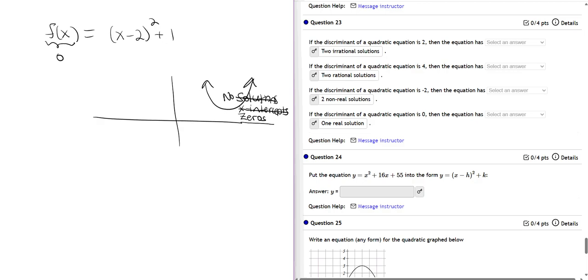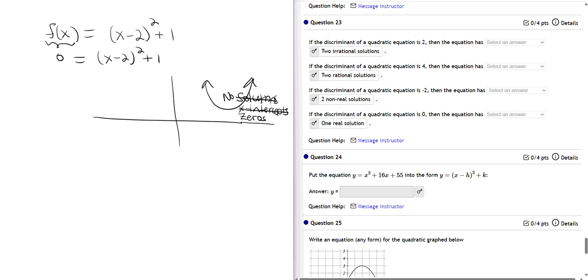If you set it equal to 0, you cannot find any x values that will correspond to a y value of 0, because it's just literally not going to happen. In other words, it'll never cross the x-axis.